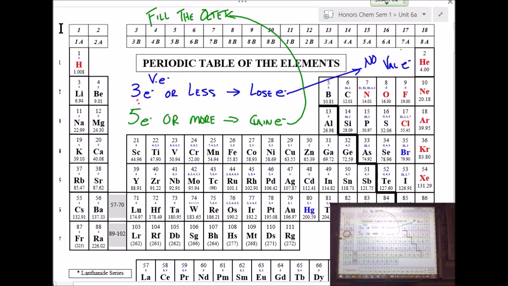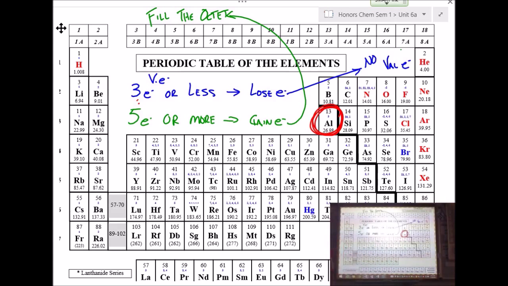So if it's 3 or less, it'll lose electrons. Correct, because it's easier. If I look at aluminum, let me do one more. There's only 3 valence electrons, and if it loses those 3 electrons, it'll have the same electron configuration as who? It'll be isoelectronic with who?